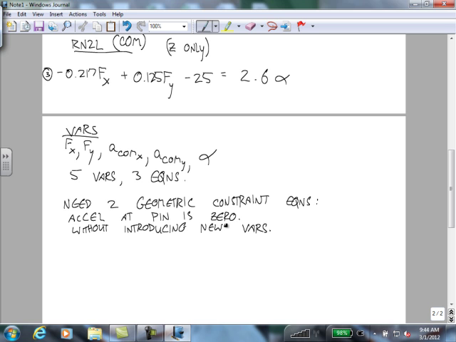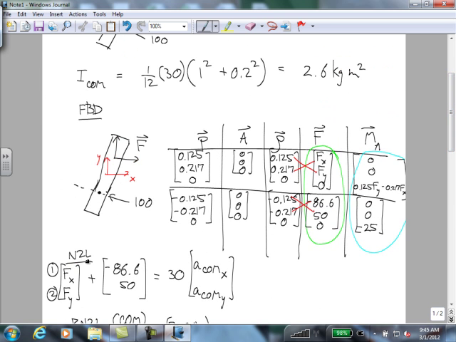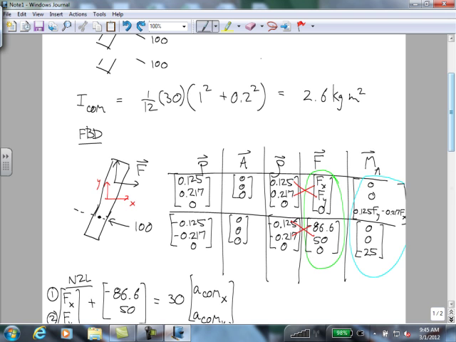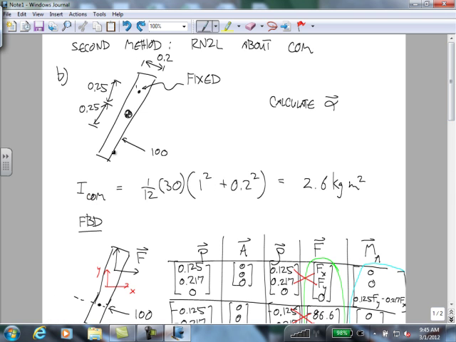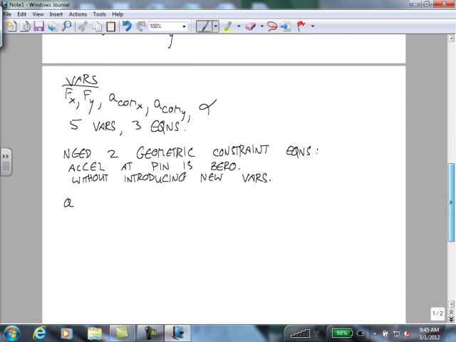The way we're going to do that is, if we call this point F, the acceleration of F relative to the origin is equal to the acceleration of F relative to the center of mass plus the acceleration of the center of mass relative to the origin.